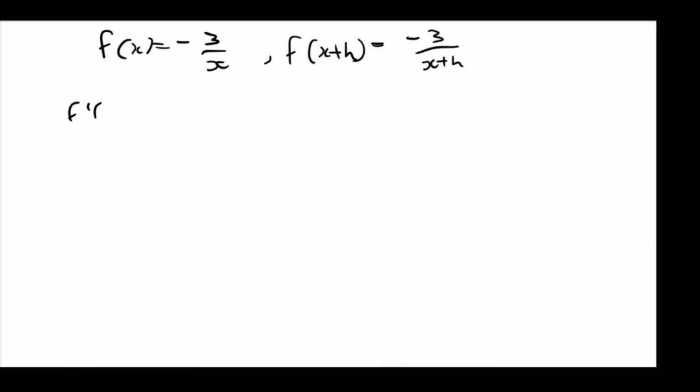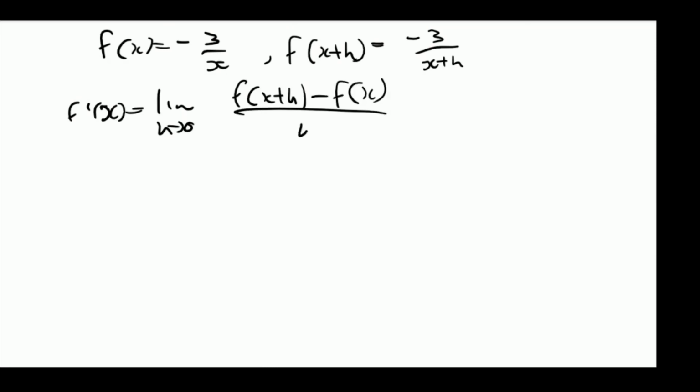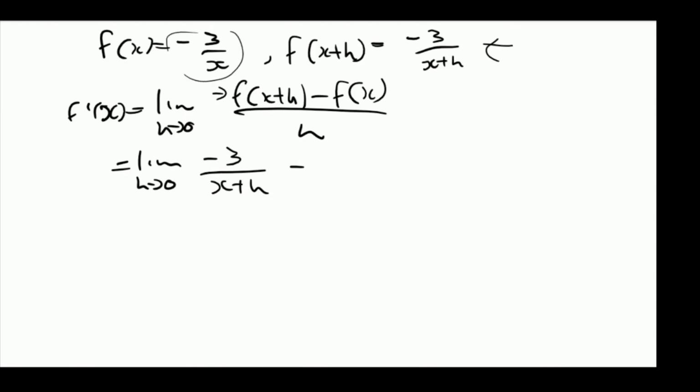So the derivative is equal to the limit when h approaches 0 of f of x plus h minus f of x, divided by h. So it's going to be the limit when h approaches 0. So we'll write f of x plus h, we're just going to write this expression here. So it's going to be minus 3 over x plus h, minus, we're going to put this expression here, minus 3 over x, divided by h.